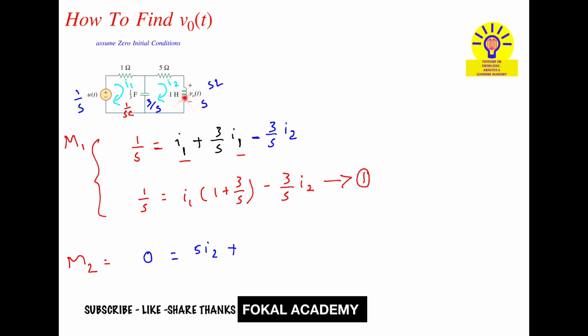So V equals I2 into S, that is I2S, plus the drop in the capacitor due to current I2 and current I1. Due to current I2, 3 by S I2 will be added in the loop. Now minus 3 by S I1, since the voltage due to current I1 is subtracted. So this is the KVL loop for the second mesh.